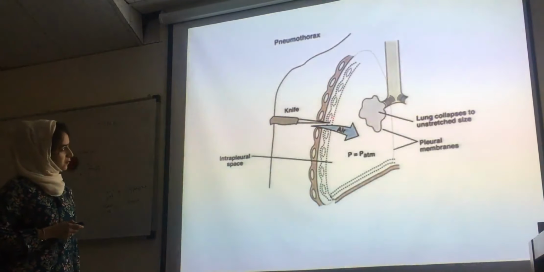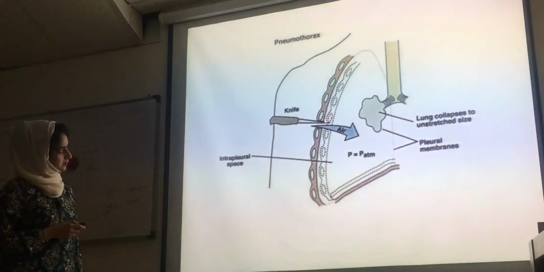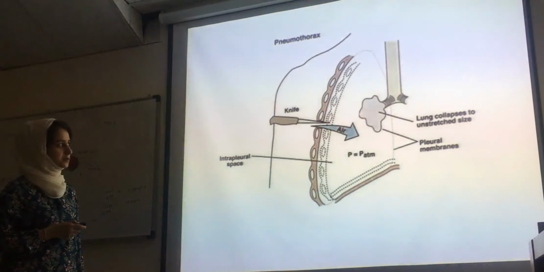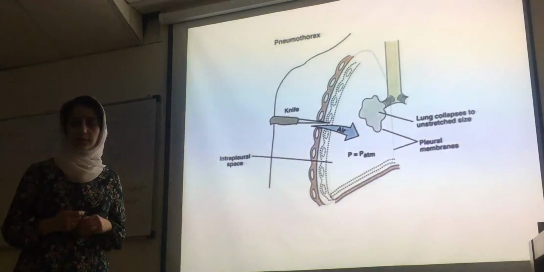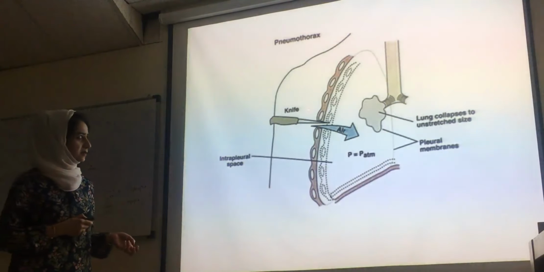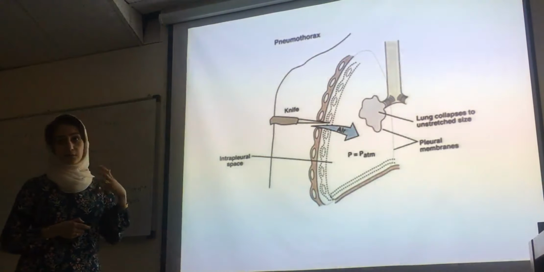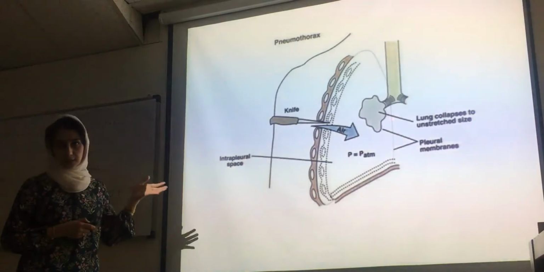This is a knife, for example, penetrating the pleura and the lung, and causing injury with an opening in the pleural space. The air will move in until the lung becomes so small like that. Could you see? This depends on the severity and the amount of injury. If the opening is small, the collapse could be less. If it is treated earlier, there could be no major collapse like this.